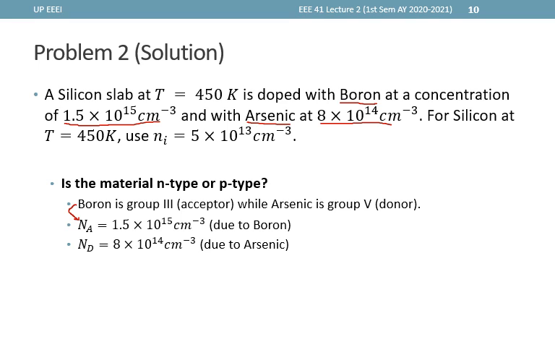It turns out that we have both acceptor and donor dopants in this material, but the doping concentration for boron is greater than that for arsenic, or Na is greater than Nd, since the multiplier for Na is 10 to the 15, while for Nd it is 10 to the 14. With that, we can conclude that the material must be a p-type semiconductor.